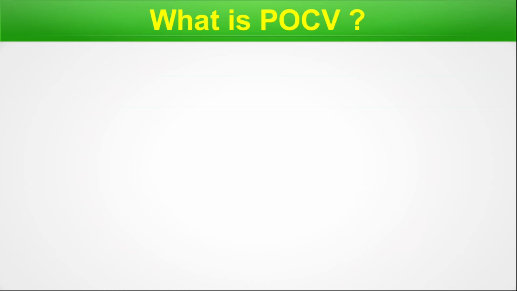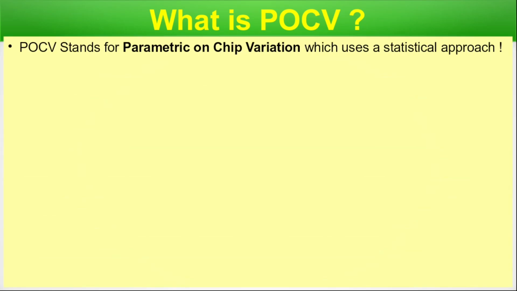What is POCV? Now, finally, we come to the slide of our concern in today's episode. POCV stands for Parametric On Chip Variation, which uses a statistical approach. Up to this point, you have already known that we are dealing with the statistical STA, and POCV is somewhere in this picture.